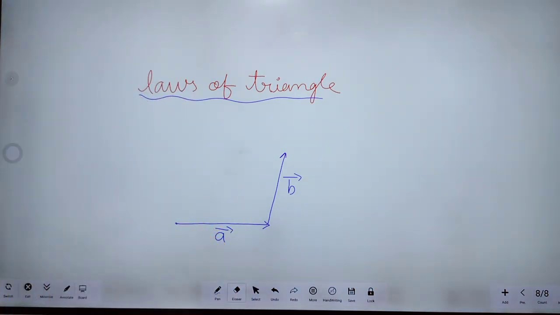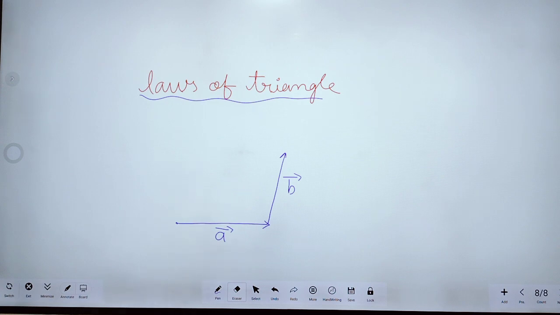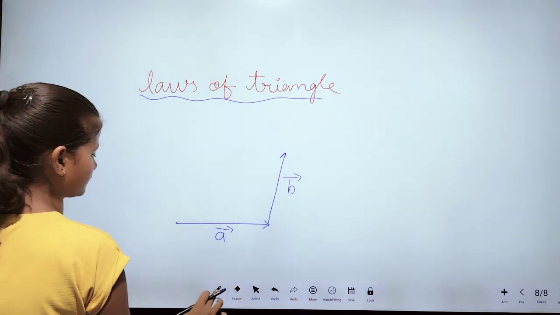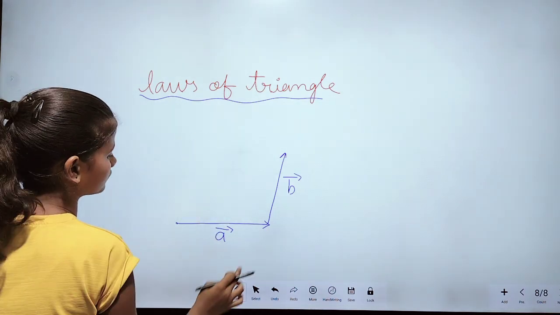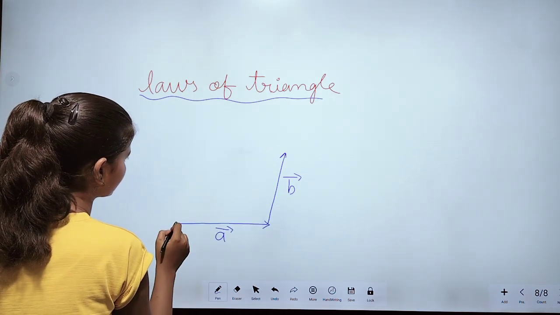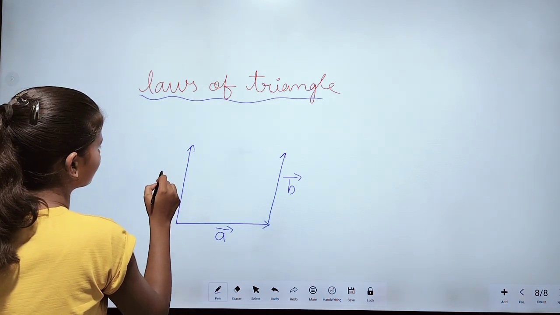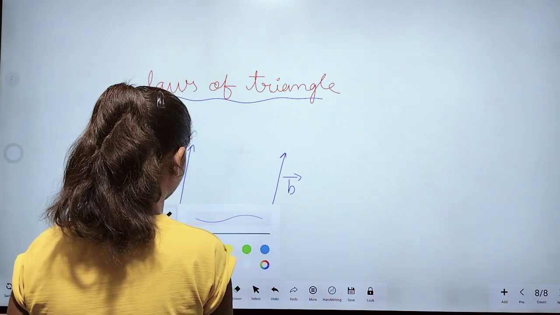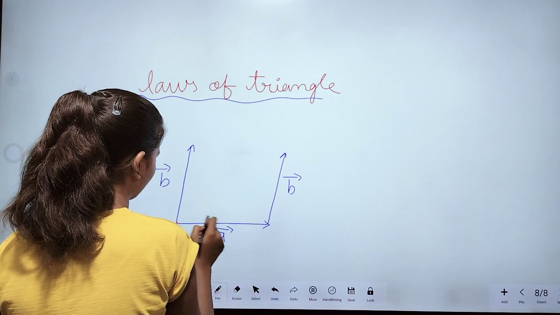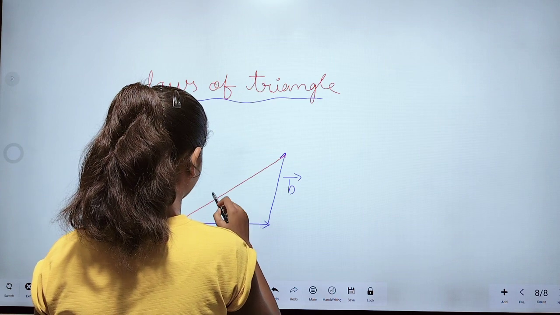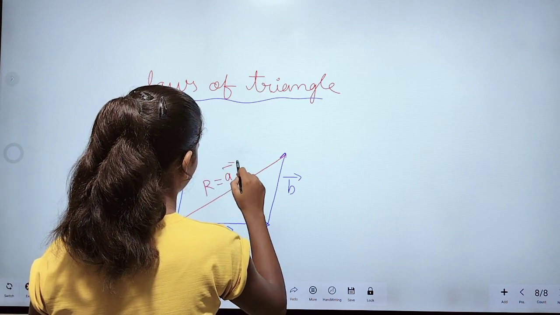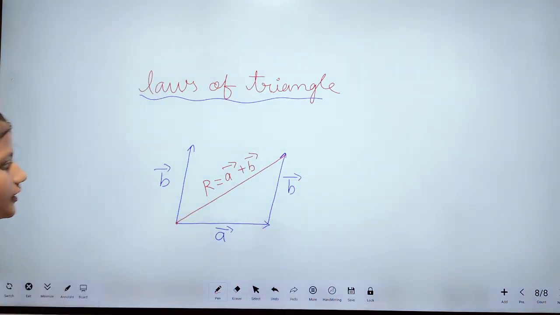And now we shift parallel. Okay, and the resultant forms from the tail of the first vector to the head of the last vector. It gives the resultant. Okay, A vector plus B vector gives the resultant. Okay, this one is the law of triangle.